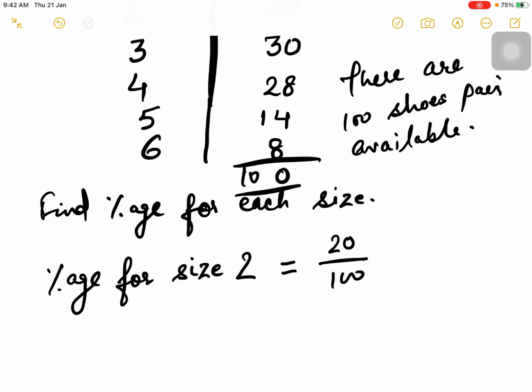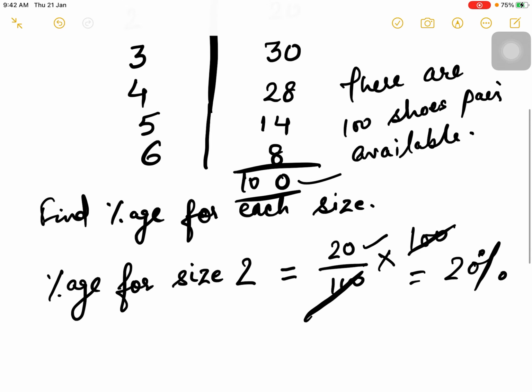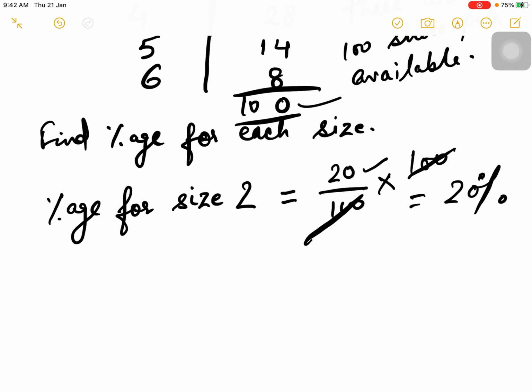This question is like कि आपने स्कोर किया है 20 on 100, 20 out of 100, and you have to find the percentage. Same question. Okay, that means we have 100 shoe pairs and we have to find the percentage for 20. Okay, multiply it by 100, cut 100 by 100, and it is 20%. That means the percentage for size 2 is 20%. Okay, the percentage for the rest of the sizes you have to find yourself.